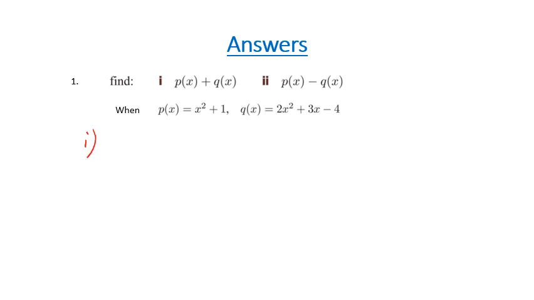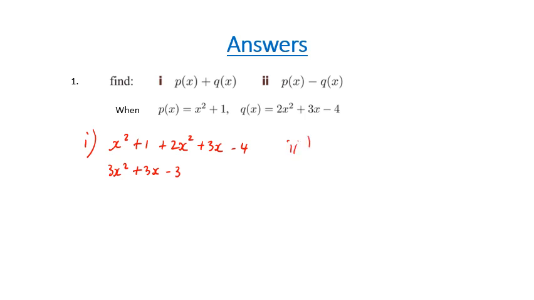If we're going to add these functions, we're going to have x squared plus 1, which is our p(x), plus 2x squared plus 3x, take 4. We're just simply collecting like terms. So this becomes 3x squared plus 3x, take 3.